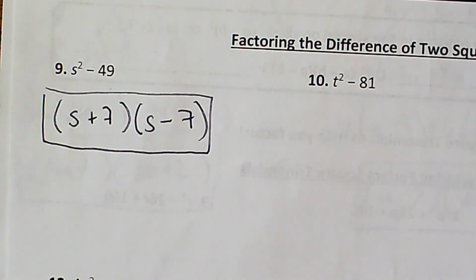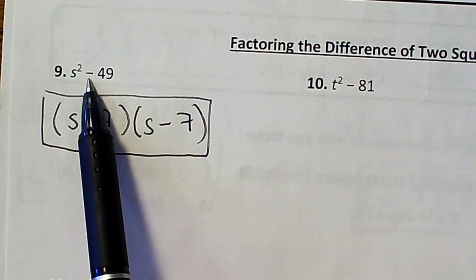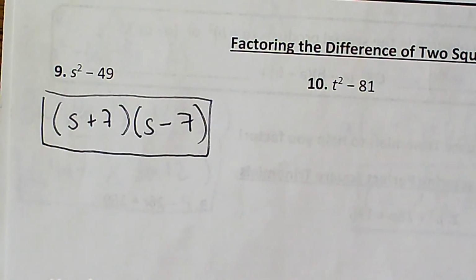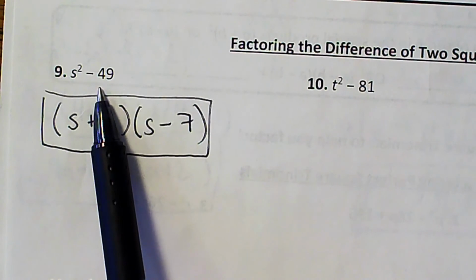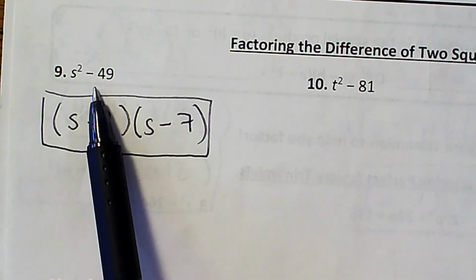If you had 1s, we would see plus s. But if you don't even see it, then what's the coefficient? 0, right? So in other words, what are two numbers that multiply to give you negative 49, but add up to 0?